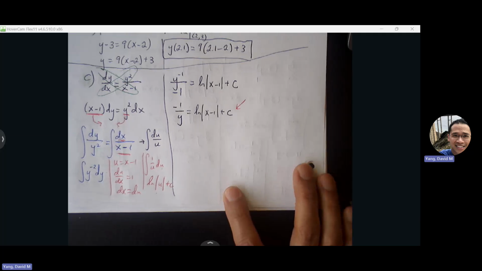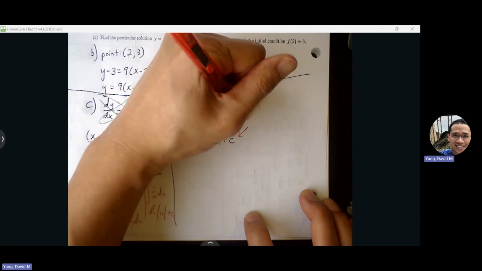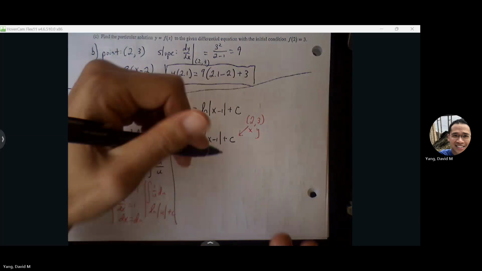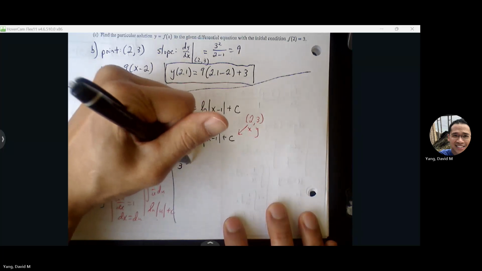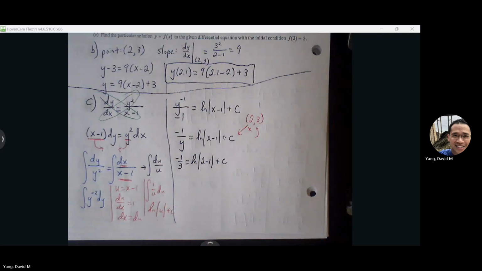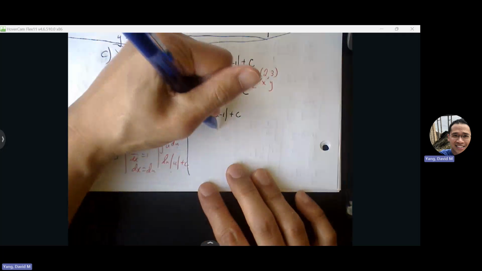So I'll take my ordered pair 2, 3, and just see if I can get that C value taken care of. So the nice thing here is natural log of 2 minus 1 is just natural log of 1. Natural log of 1 is 0. So my C is just going to be negative.